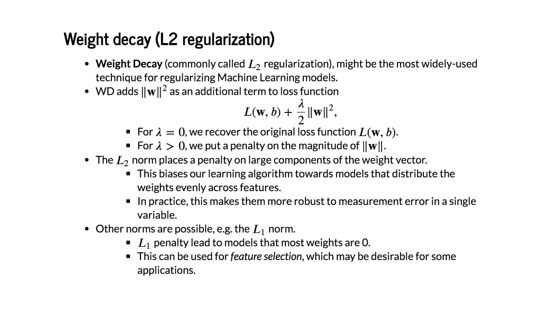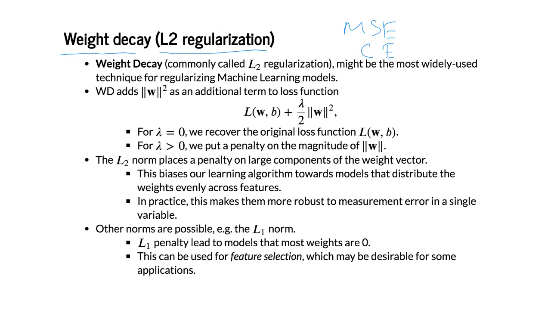Now, another popular regularization method that you may be familiar with is called weight decay, or L2 regularization. So how does this work? It works as follows. When we train a neural network, we have to define a loss function, okay? That was the MSE loss or the cross entropy loss.